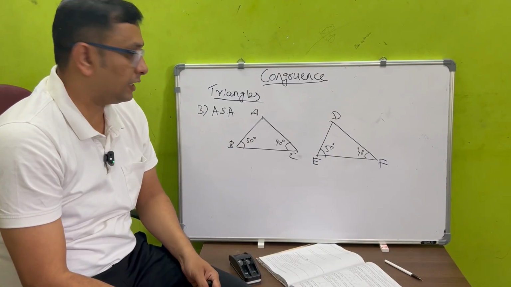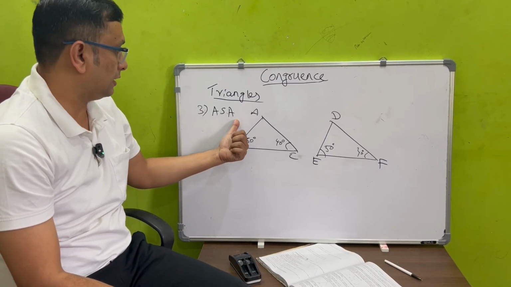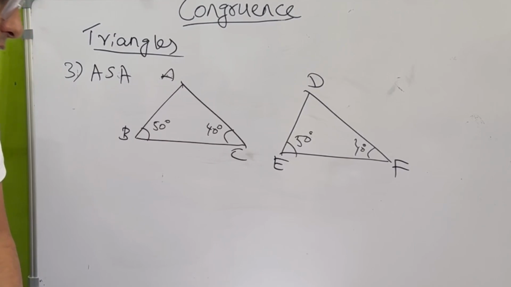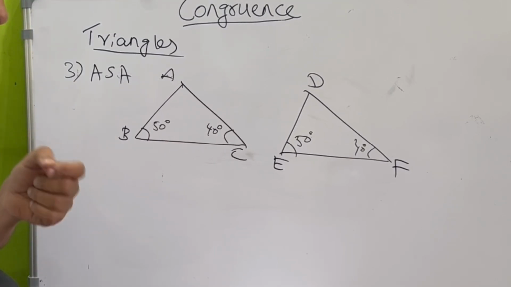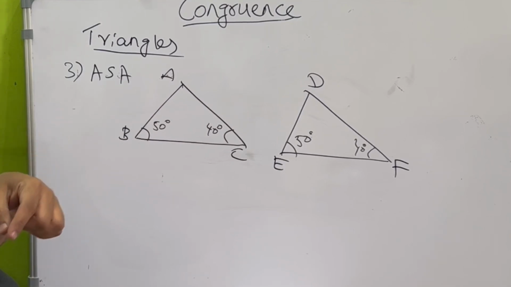Now coming to the third case, angle side angle. The rule says two triangles are congruent if two angles and the included side of one are equal to two angles and the included side of the other.